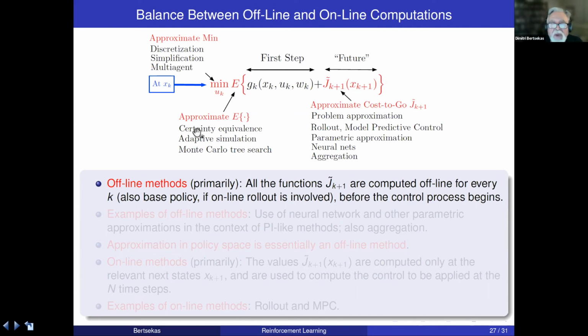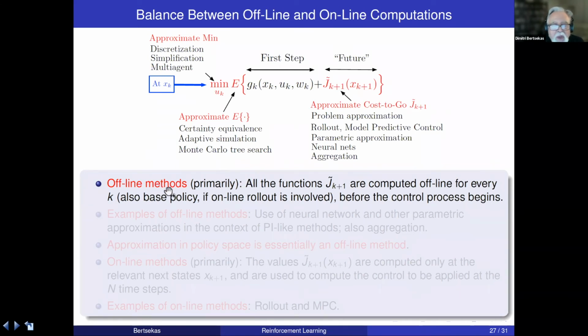And there are these various approximations, and some of these approximations may have to be done online, and some others may be done offline. So in reinforcement learning, some methods are characterized sometimes as offline methods and online methods. There is no real purely offline method or purely online method. There's always something that you have to do offline before you do anything online, and vice versa.